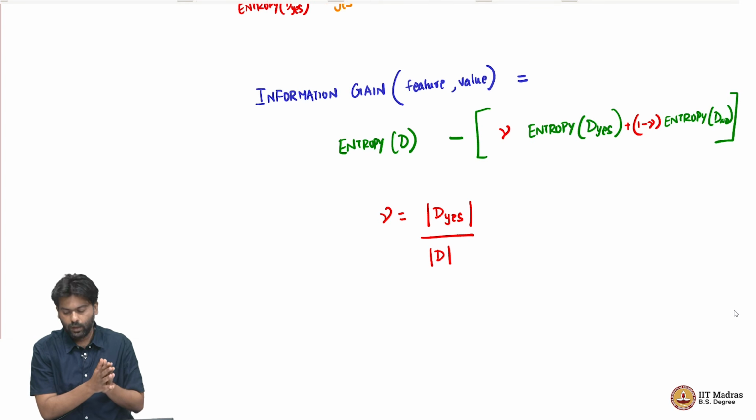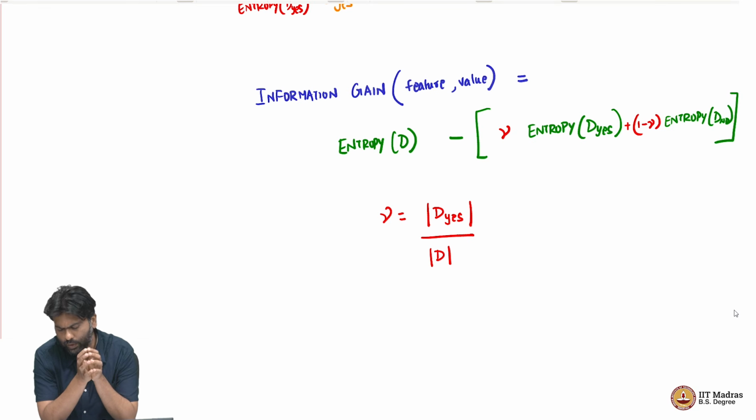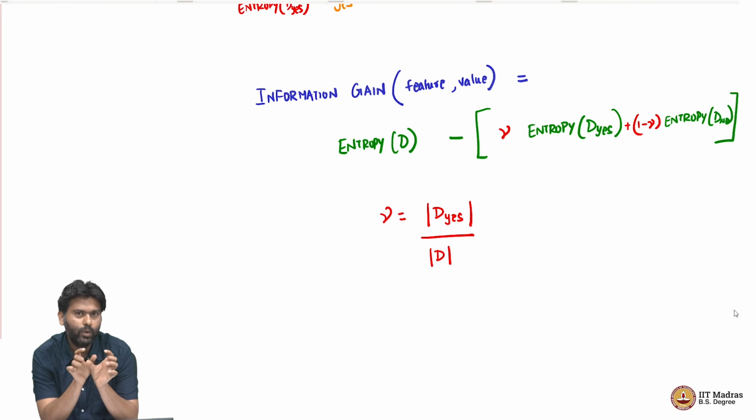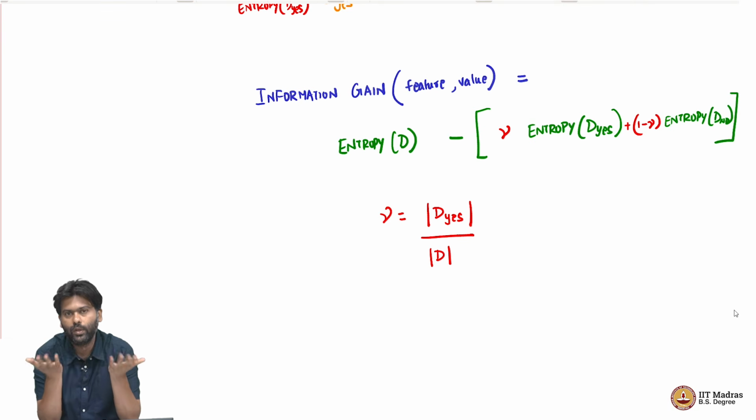In some sense, what we are saying is that we should also measure by how many data points fell on this side in addition to the impurity, because the impurity does not take into account the number of data points. It only looks at the fraction of ones or zeros in the labels; it is oblivious to the number of data points.